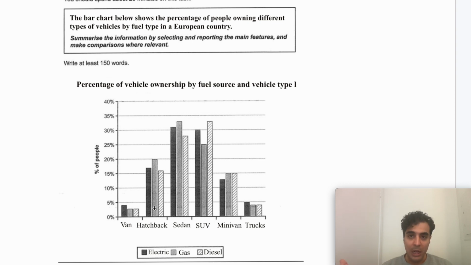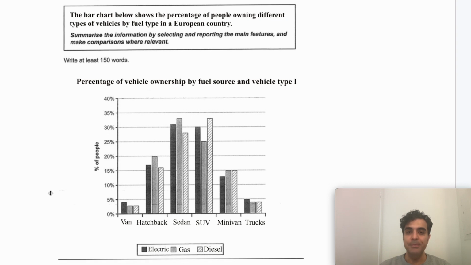So that's my rationale. Or if I have 5 fuel types, maybe I could divide them based on whether they are fossil fuels or alternative fuels, right? So I could divide up the data into 2 parts based on the type of fuel, not by individual category, but bundling them into, let's say, alternative versus fossil fuel sources of energy.